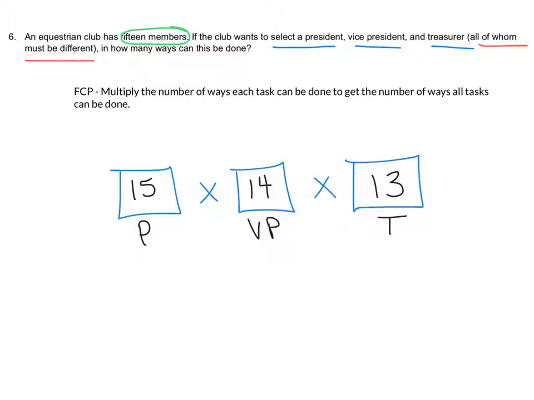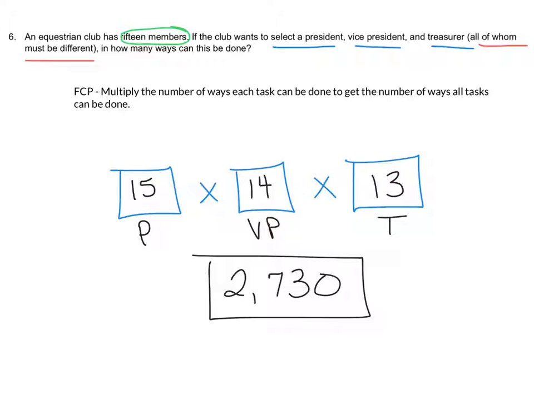Now I'm going to find the total number of ways to select all 3 of these people by multiplying 15 by 14 by 13. So 15 times 14 times 13 is 2,730. So that means that there's 2,730 ways that these 3 positions can be filled.